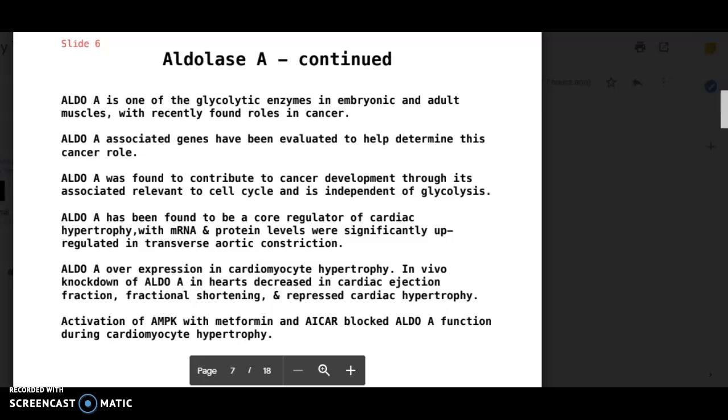Mechanism study revealed that ALDO-A repressed the activation of AMP-dependent protein kinase signaling in a liver kinase B1 dependent and independent manner. Inactivation is a core mechanism underlying ALDO-A-mediated promotion of ISO-induced cardiomyocyte hypertrophy. In contrast, activation of this kinase with metformin blocked ALDO-A function as well.